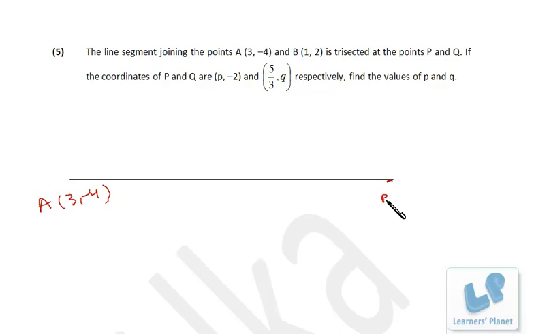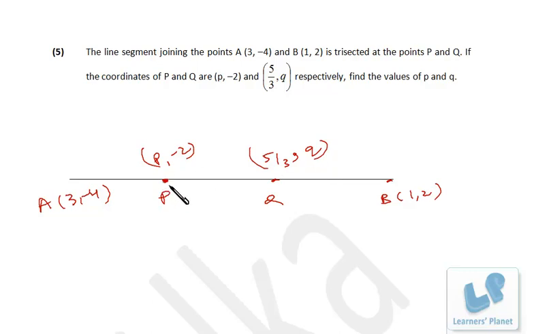It is point B, that's 1 and 2, and this is P, and this is Q. And if the coordinates of point P are p, minus 2 and of Q are 5 by 3 and q, we have to find the values of p and q.